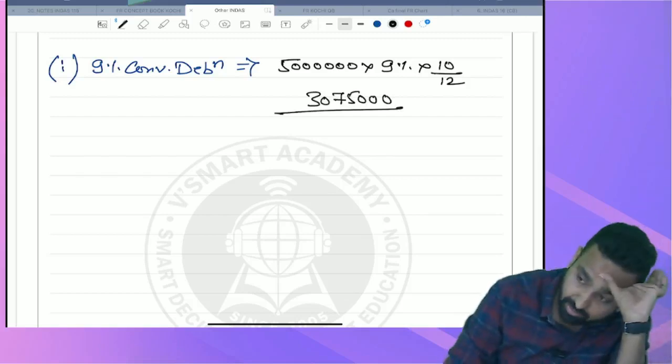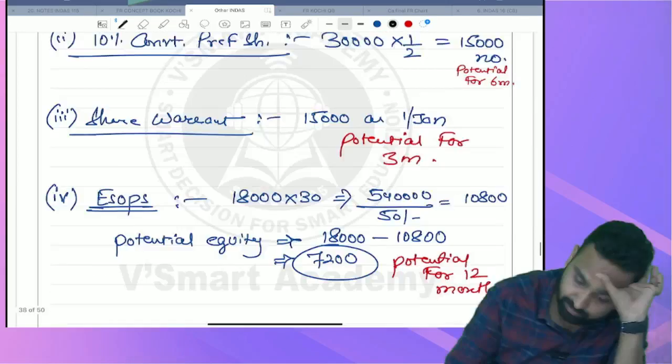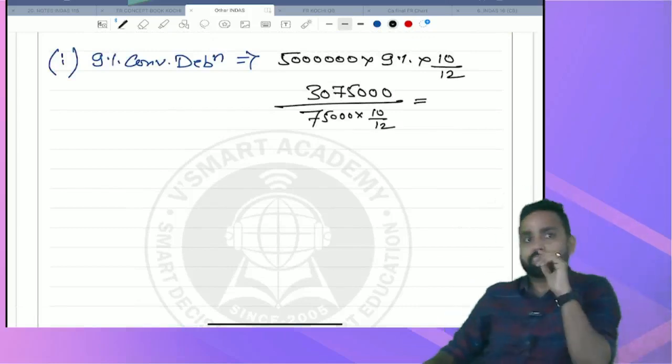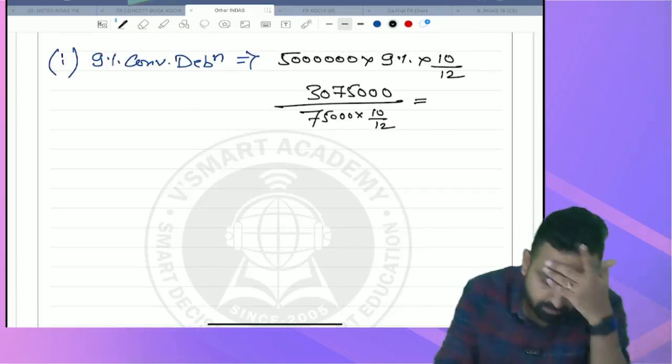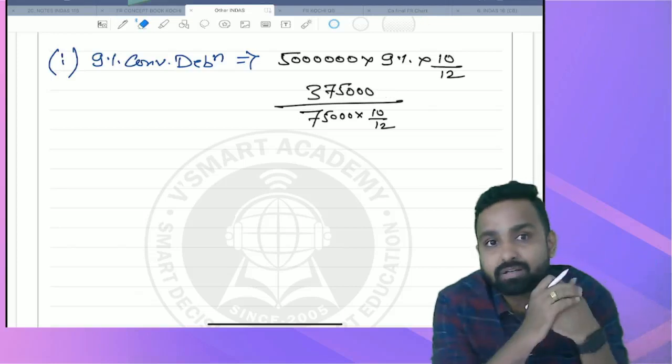Divided by how many potential shares are there? Divide by 75,000, multiply by 10 by 12. Calculate the incremental earning per share. It's 3,75,000. Sorry, it's 375 now.